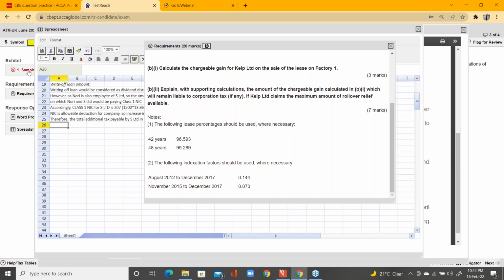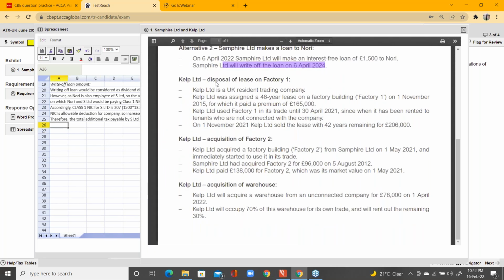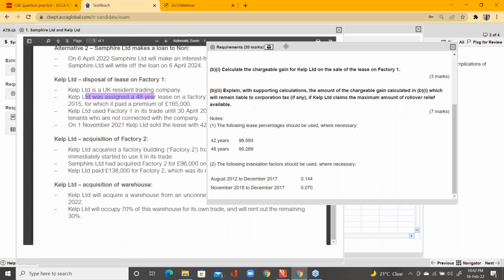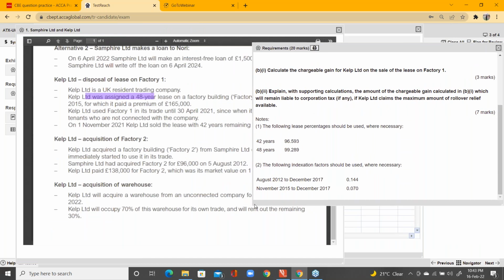Okay, what's in this scenario? K Limited, disposal of factory 1. K Limited is a UK trading company. K Limited was assigned a 48-year lease. As you can see from here, it's given for 48 and 42. It means the company would be using, what's the differential given?